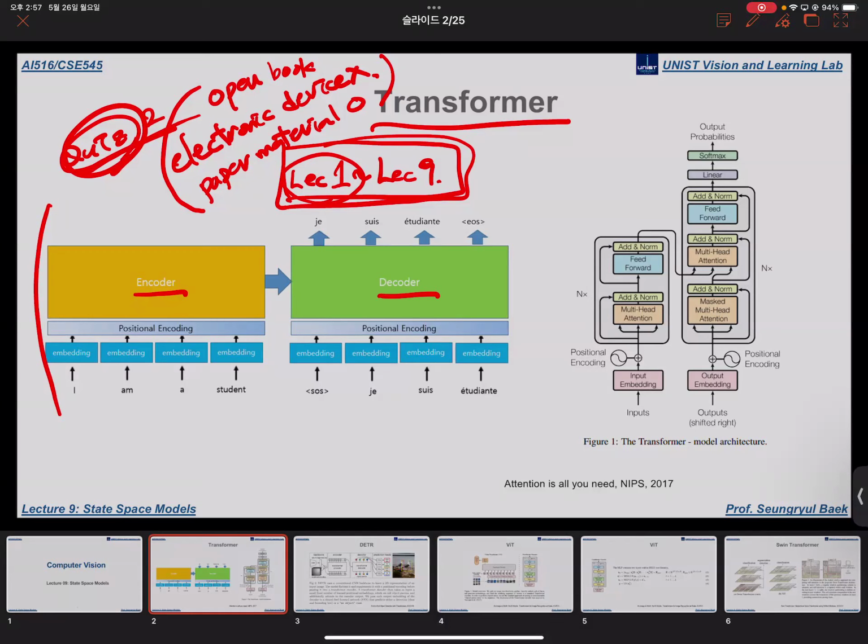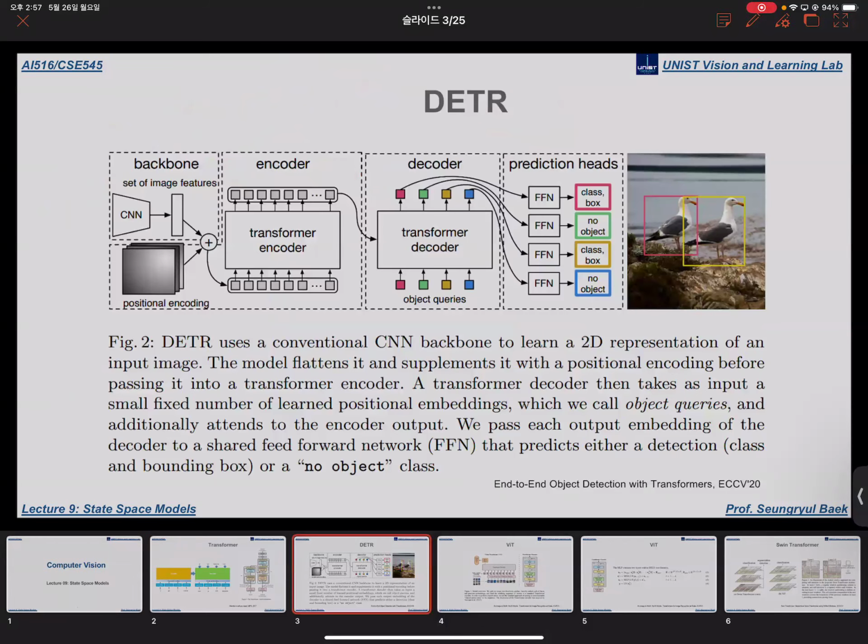I believe that you are already familiar with this transformer, and if you are not, then please refer to the recorded video. We also learned about DETR, which is the object detection pipeline. Using the transformer, we can extend it towards the object detection task, and that is called DETR.